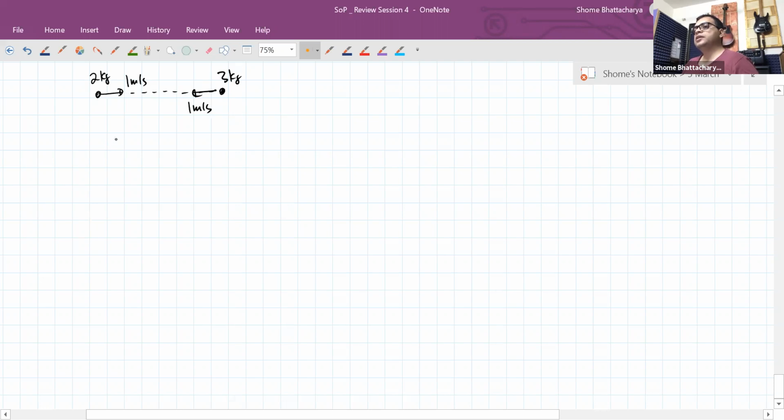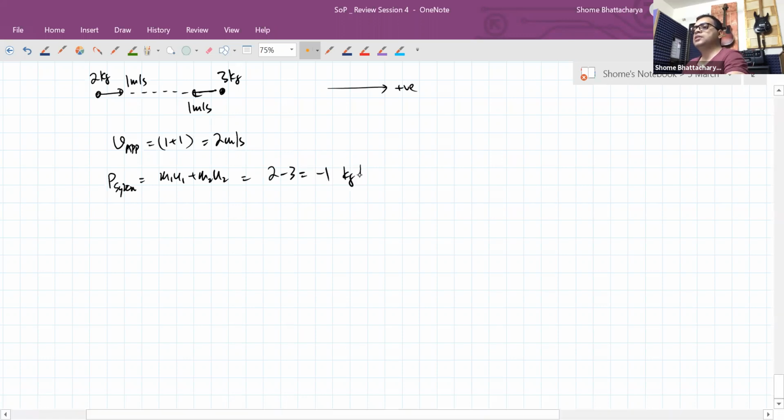So you can see one thing, that the approach velocity is 2 meters per second, and you can see that the momentum of the system, with our sign convention of this being the positive direction, is minus 1 kg meter per second.